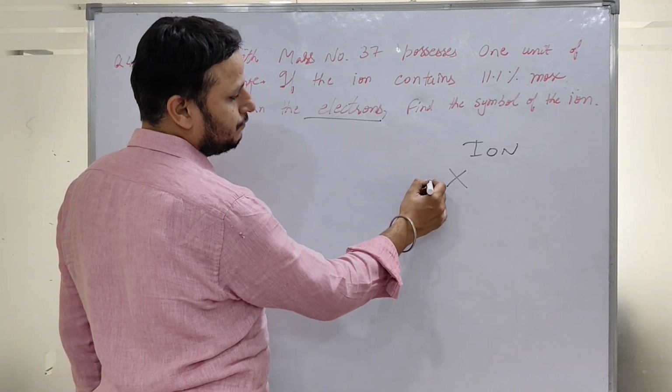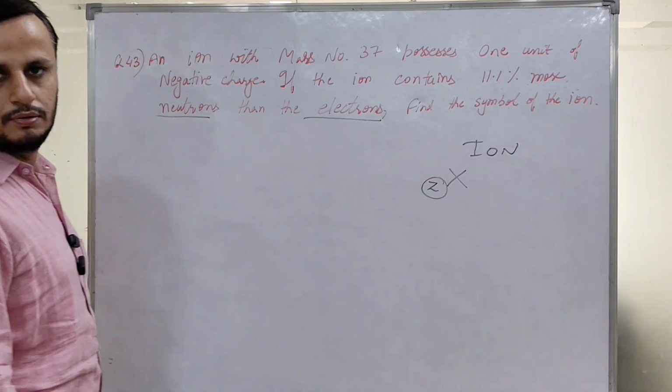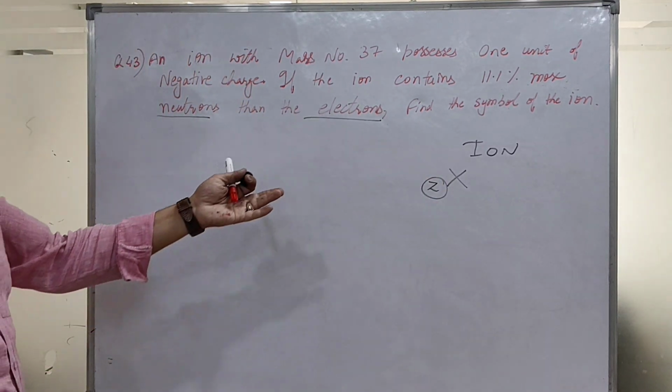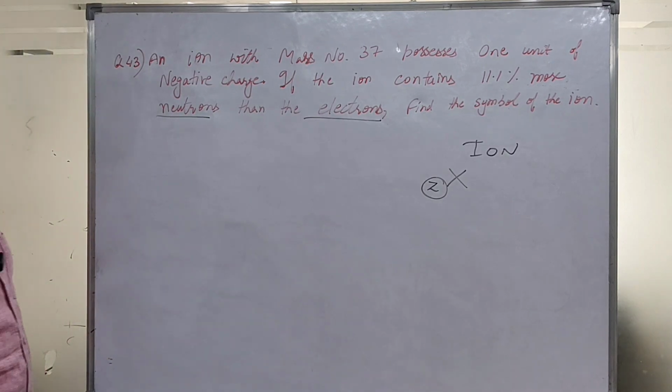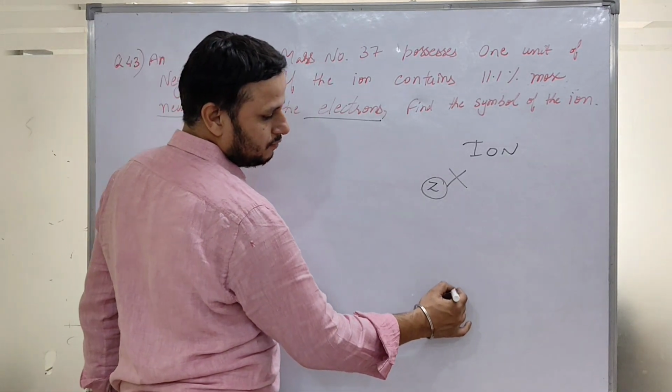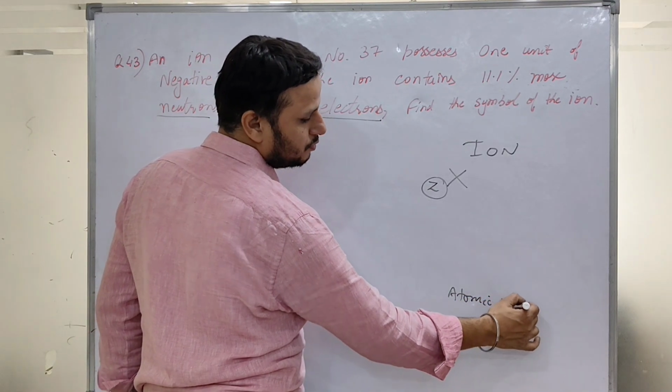कि we have to find the atomic number. The atomic number will give the symbol of the ion, and atomic number is equal to number of protons.